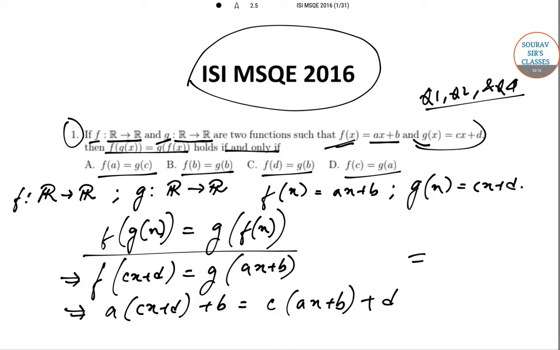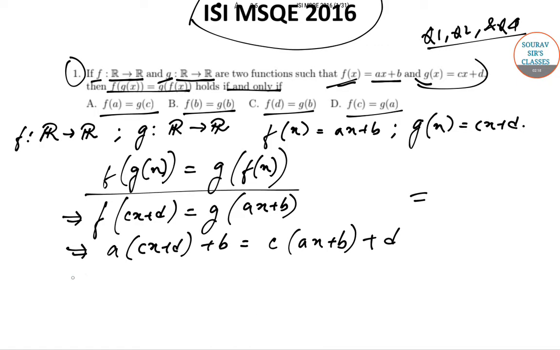Now once we break it down, it comes down to acx plus ad plus b, and here it comes down to cax plus bc plus d.